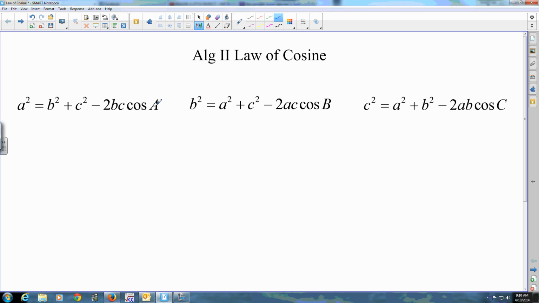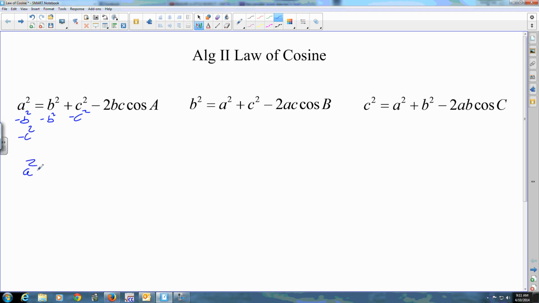If I want to solve for angle A, I have to start pulling stuff to the other side. So I'd subtract B squared from both sides, and I'd have to subtract C squared from both sides.